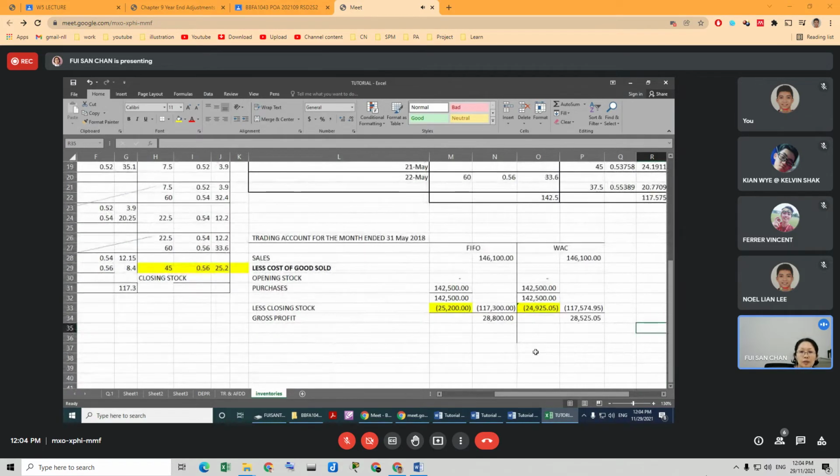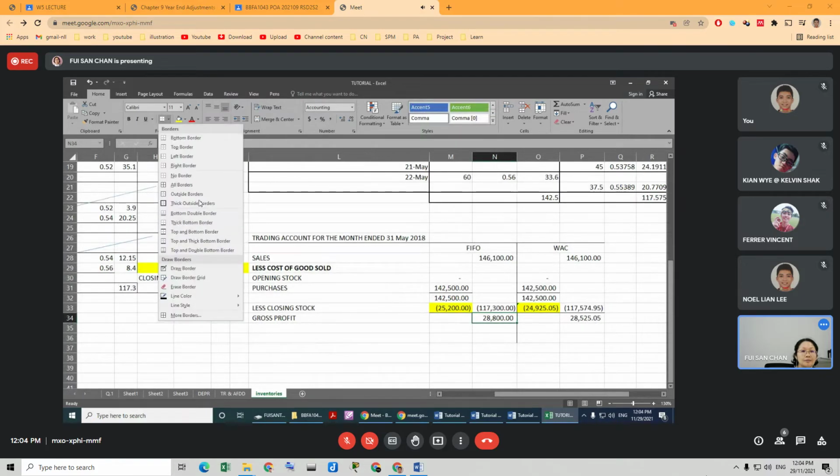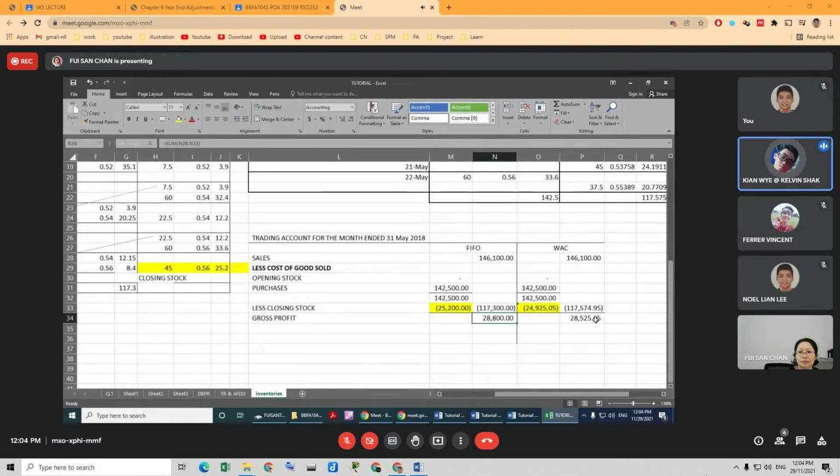Okay, so here you got your answer. But is it still possible for first in, first out to have less gross profit? No. First in, first out will always give you a higher profit because your closing stock value is higher, right? The higher your closing stock, the higher will be your profit.